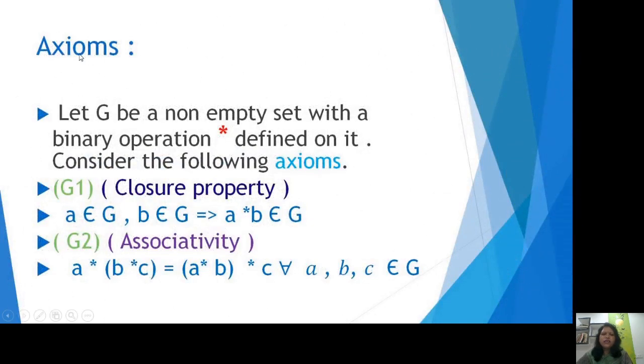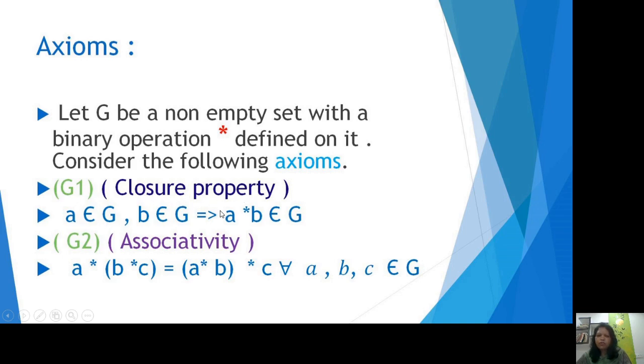Now let us see some important axioms. First, if G is a non-empty set with a binary operation star defined on it, then consider the axioms. First, G1, this is called the closure property.